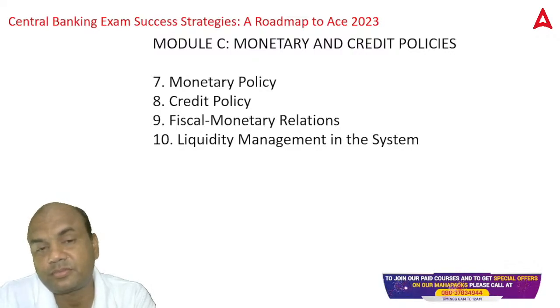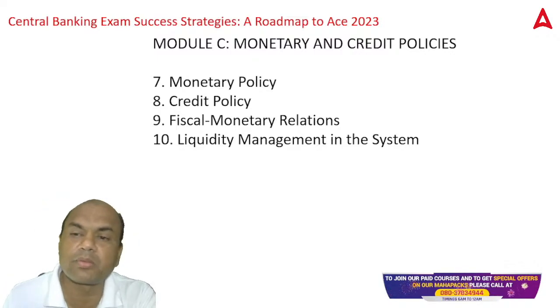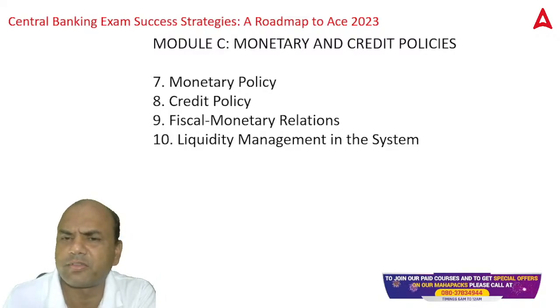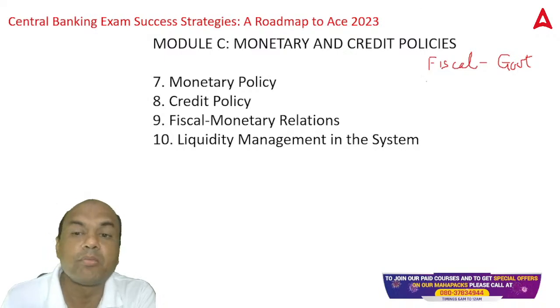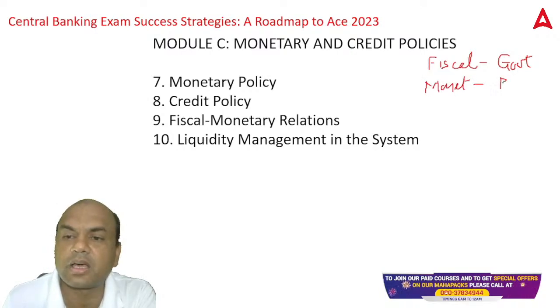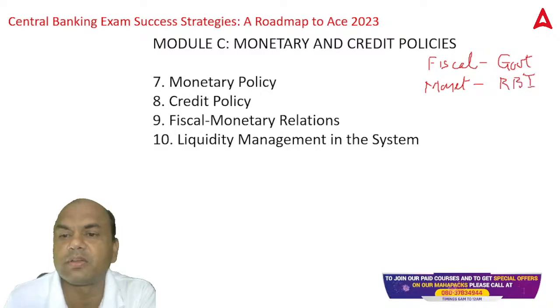Remember, there are three important policies in India. Always remember. One is fiscal. Fiscal is given by the government, meaning the Ministry of Finance. Monetary is given by RBI. And the third one, does anyone know the third policy?